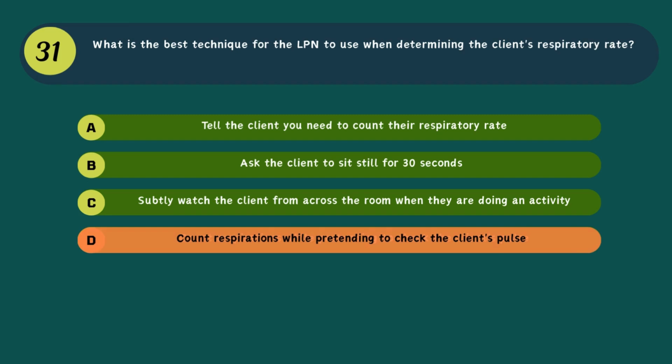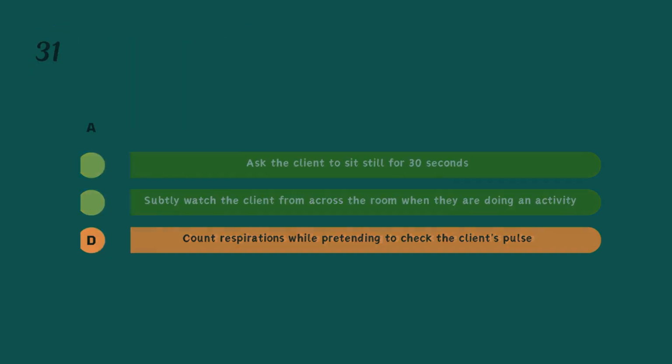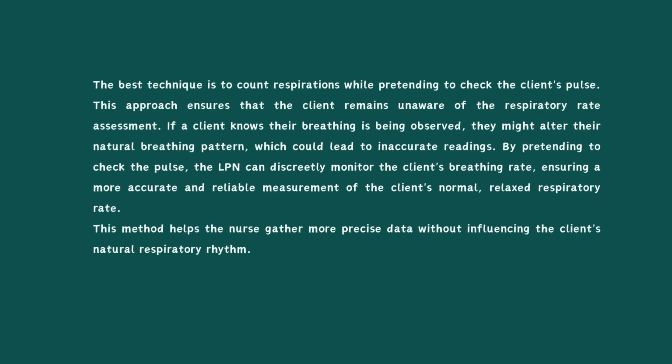Correct answer. D. Count respirations while pretending to check the client's pulse. The best technique is to count respirations while pretending to check the client's pulse. This approach ensures that the client remains unaware of the respiratory rate assessment. If a client knows their breathing is being observed, they might alter their natural breathing pattern, which could lead to inaccurate readings.